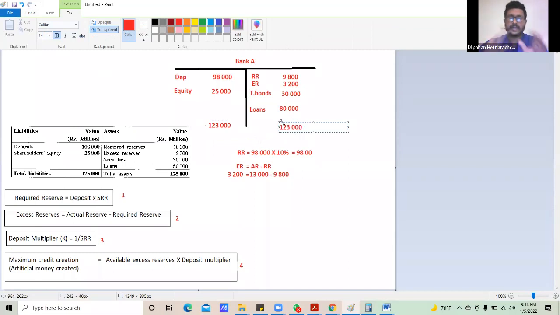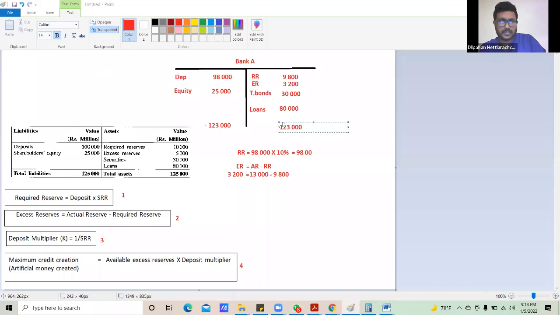Are we clear how we got these answers? It's still actual reserve 10 plus 5, and then Ching Chong Chang withdrew 2,000, then it reduced to 13,000. And this 13,000 of total reserves is now split into two: required 9,800 and 3,200 excess.